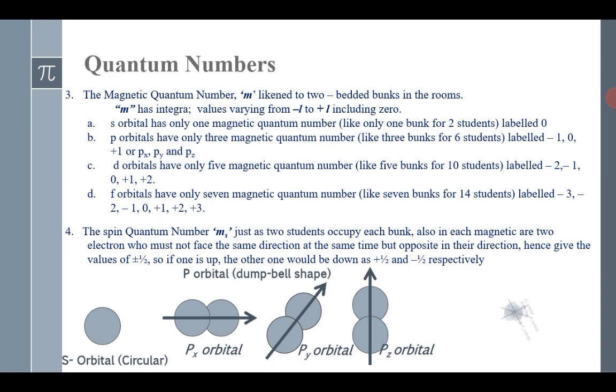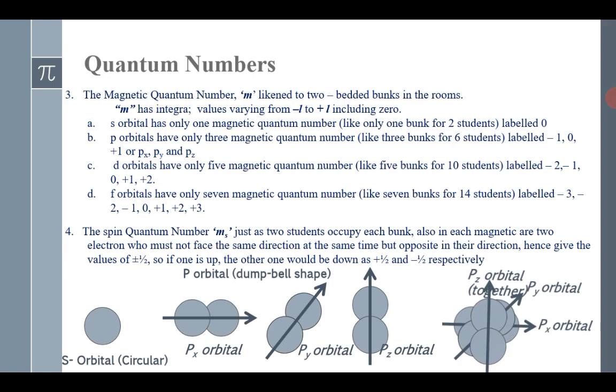And we can summarize them in this diagram where you see the px is horizontal, py vertical, and pz going and coming to be at 90 degrees with them.